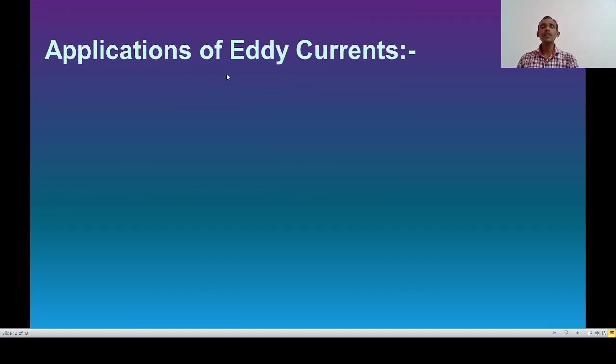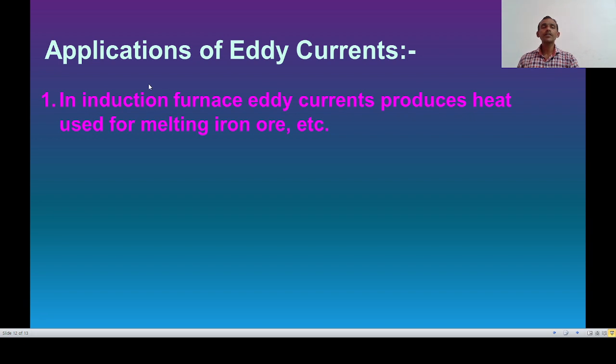Now, applications of eddy current. The first application is in the induction furnace. Eddy current produces heat used for melting iron ore, etc. That is, in an induction furnace, heat is produced with the help of eddy current, and this heat is used for melting iron ore.